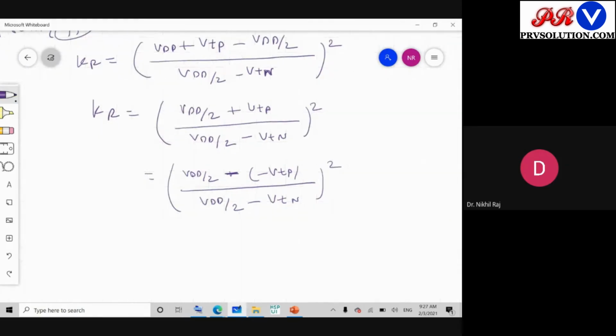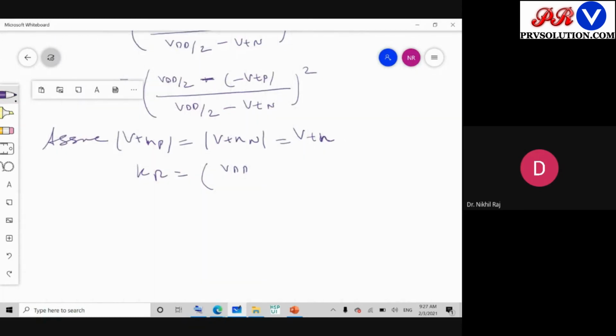Okay. So let's assume the threshold voltage VTH of PMOS is equal to VTH of NMOS. If both are equal, what will happen in that case? My KR will change to (VDD/2 - VTH) divided by (VDD/2 - VTH), simply VTH voltage.